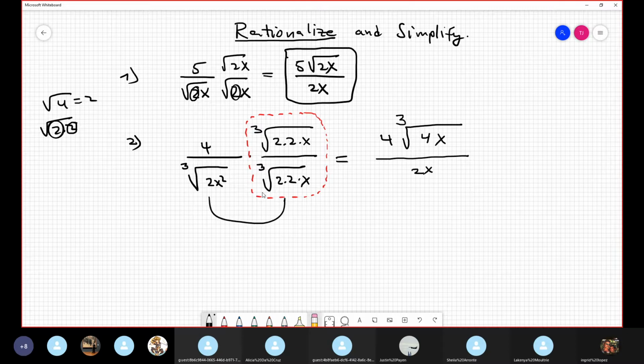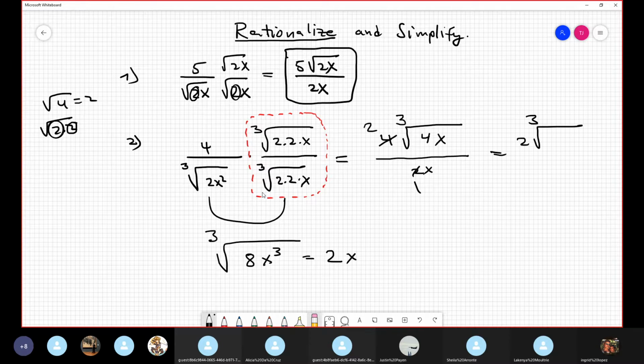Because when you put this and this together, it is cubic root of 8, because 2 times 2 times 2 is 8, x to the cubic power. I know that cubic root of 8 is 2, and cubic root of x cubed is just x. And that's it. No more simplification: divided by 2, 1, divided by 2, 2, and the final answer is 2 cubic root of 4x divided by x. Final answer.